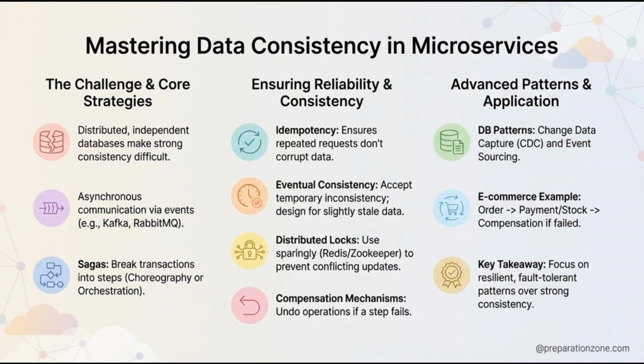Then the saga pattern, breaking the transaction into steps. We manage multi-step workflows using sagas. There are two types, choreography and orchestration. In choreography, each service triggers the next like a relay race, and in orchestration, a central coordinator guides the process like a conductor. Saga helps us achieve eventual consistency without freezing the system.